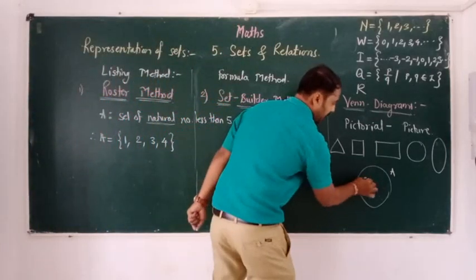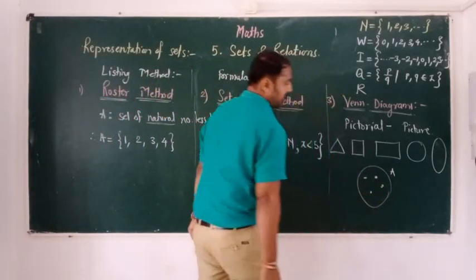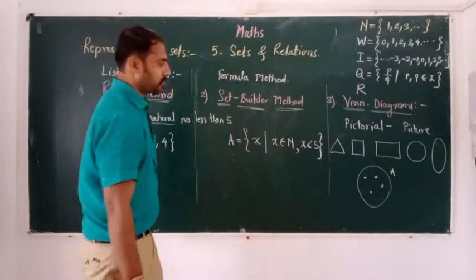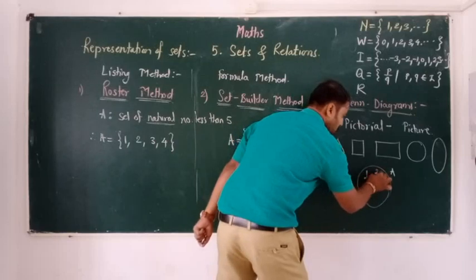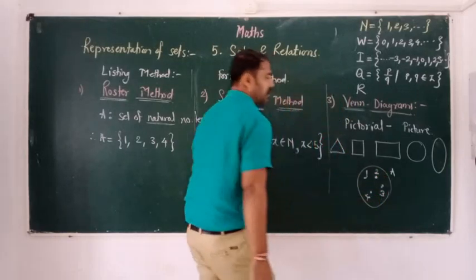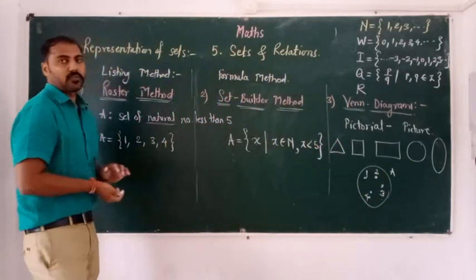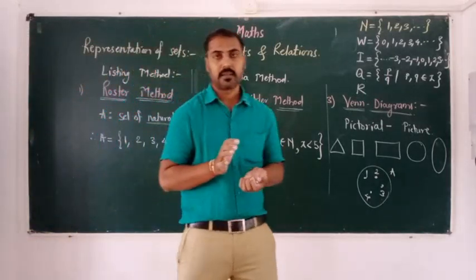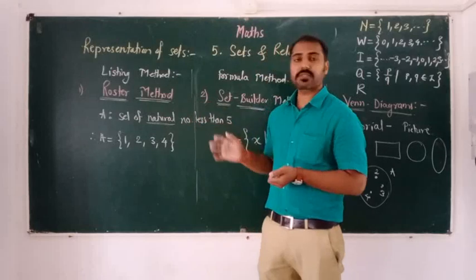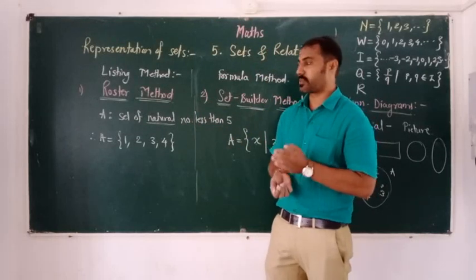For that, I plot 4 dots, and the first dot represents 1, then 2, 3, 4. Like that. So a Venn diagram is nothing but the pictorial representation of a set.